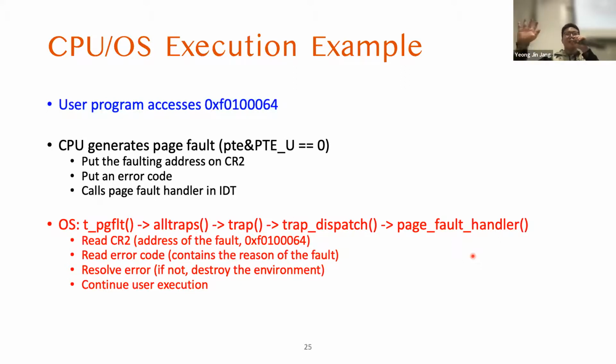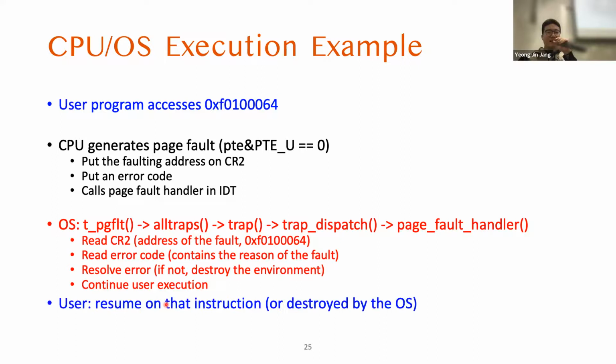Just understanding at the high level: when the page fault happens, the CPU will give the reason and which address was problematic and all those kinds of information. And as an operating system, we can get that information. And if we can recover from that, we can let the user execution resume, then they will attempt the same access. And then if that is handled, then it will continue to execute.